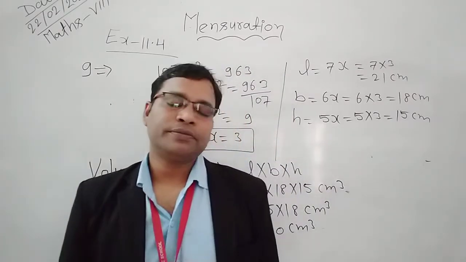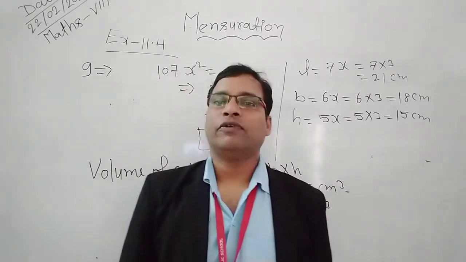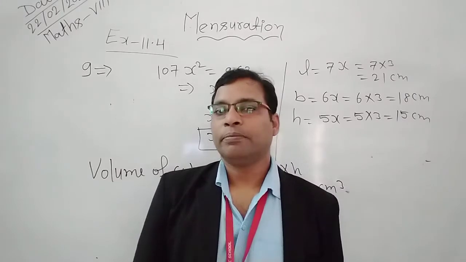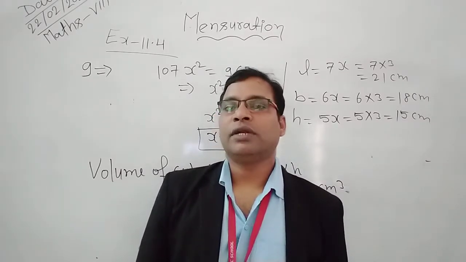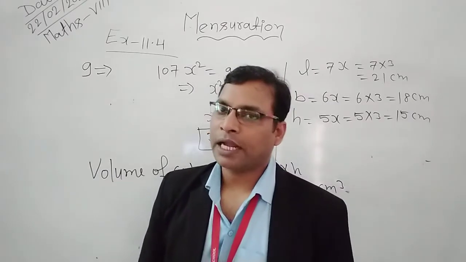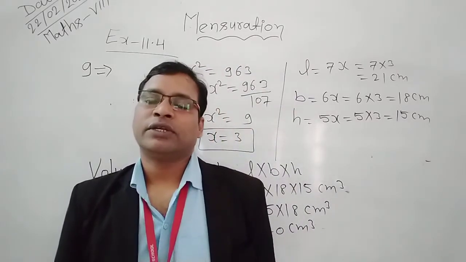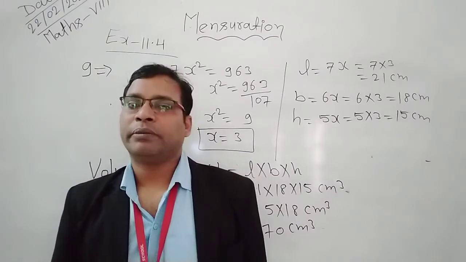Here you put the values of length, breadth, and height, 7x, 6x, and 5x. And we simplify this, then we get the value of x equal to 3. After this, we find length is 21 centimeter, breadth is 18 centimeter, and height is 15 centimeters.